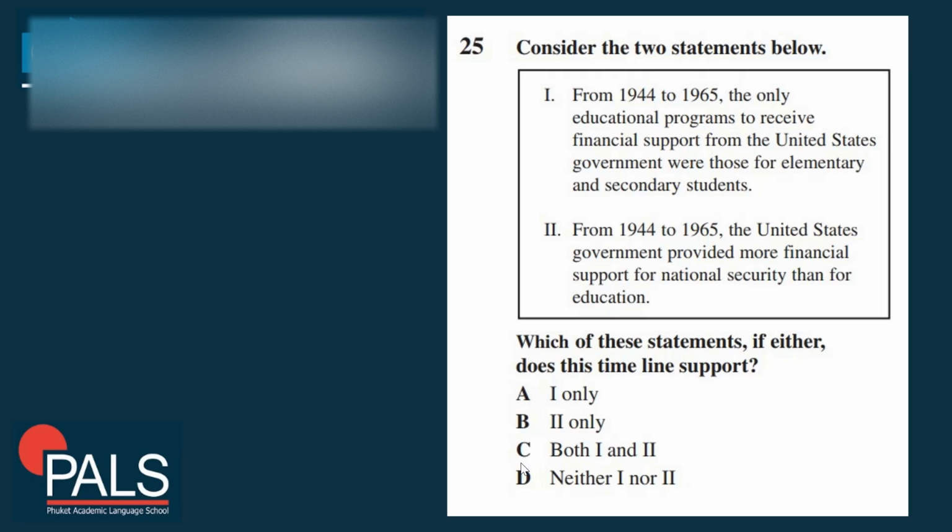From 1944 to 1965, the United States government provided more financial support for national security than for education. So which do you think the timeline supports? A, number 1 only, B, number 2 only, C, both 1 and 2, or D, neither 1 nor 2.